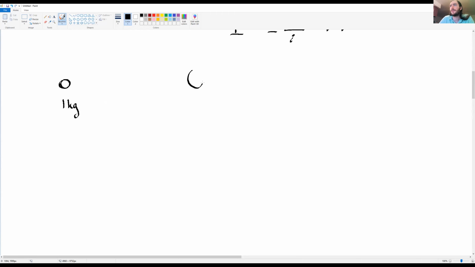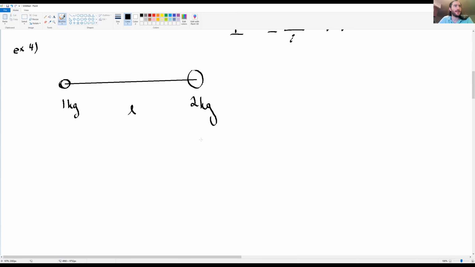And then this one here, a little bit bigger, will be 2 kilograms. And the distance between these two masses, maybe we'll call it L. Okay. So this is an example here.